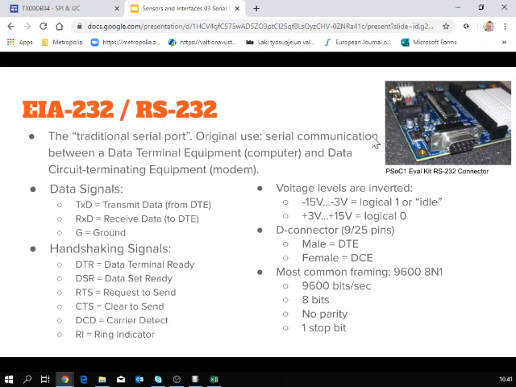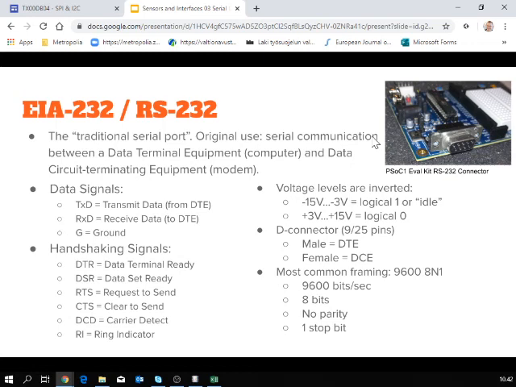RI, ring indicator: basically a separate line for answering the phone by the modem. Another signal, carrier detect. If a modem is making a call, it must wait for the carrier signal, which is just a tone, but you cannot hear it anymore.